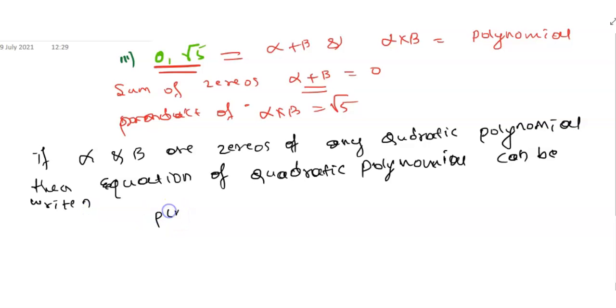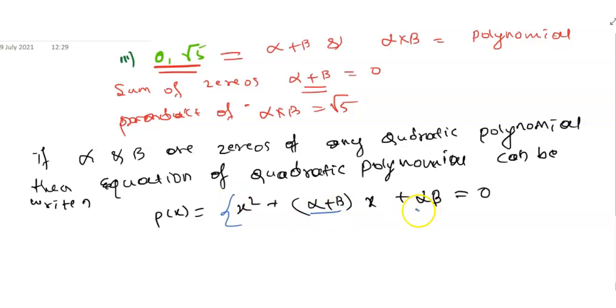p of x is equal to x square plus alpha plus beta x plus alpha beta is equal to 0. Let's insert the values of alpha plus beta and alpha beta in this equation.